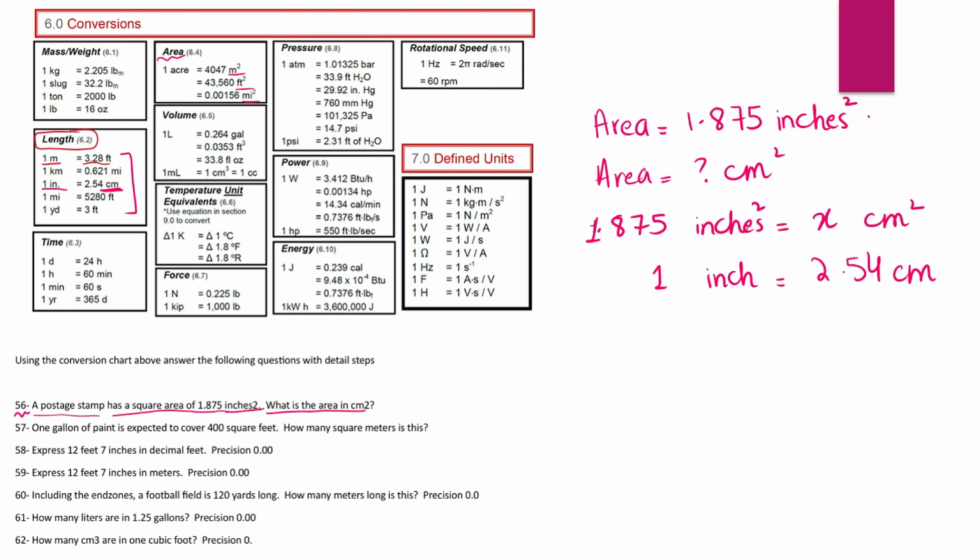This is the length, just inches and just centimeters, but we need to find the area. So we will convert these lengths into area by taking the square on both sides. 1 square is simply 1, and inch becomes inches square. 1 inch square equals 2.54 squared, which is 6.45.